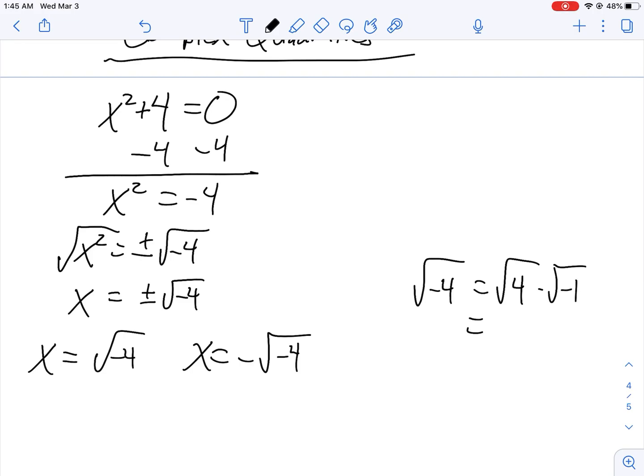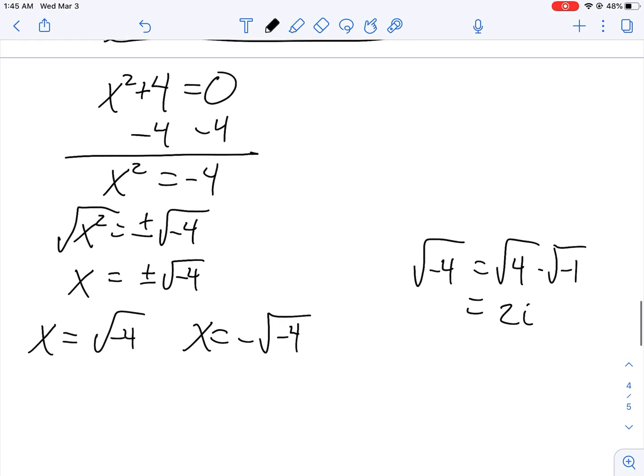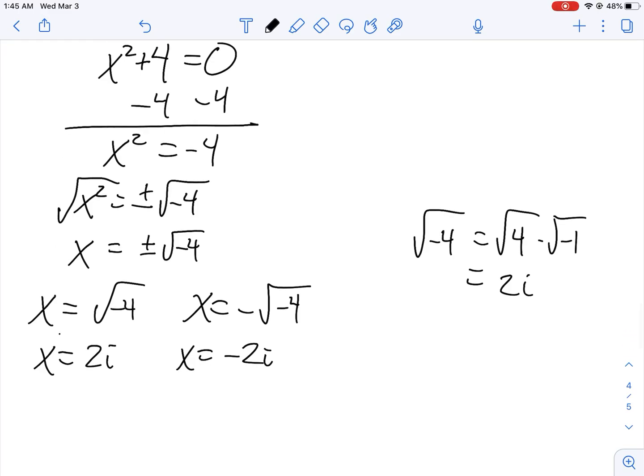If you are comfortable with it, just pull that one out as an i. The square root of 4 is 2. The square root of negative 1 is i. 2 times i is just 2i. So here what we've got: 2i, negative 2i. So those are the solutions.